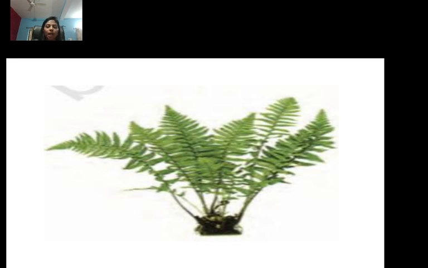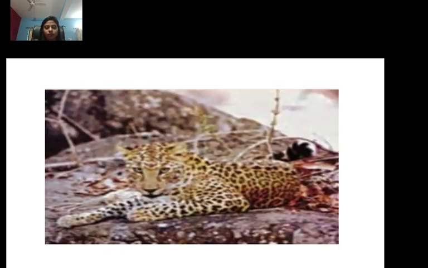The plants and animals found in a particular area are termed flora and fauna respectively. The plants found in a particular area are called flora, and the animals found in a particular area are called fauna, right? Understood? Good.